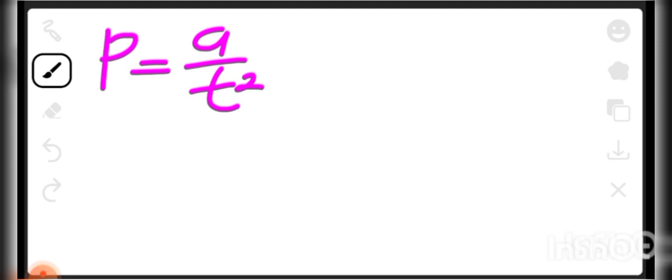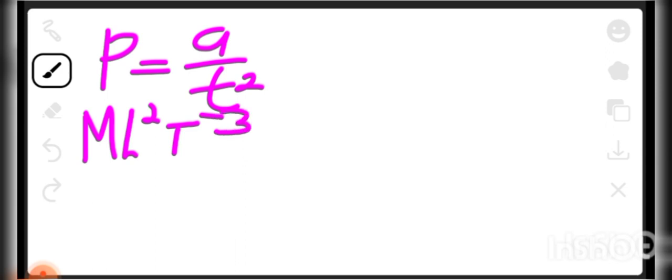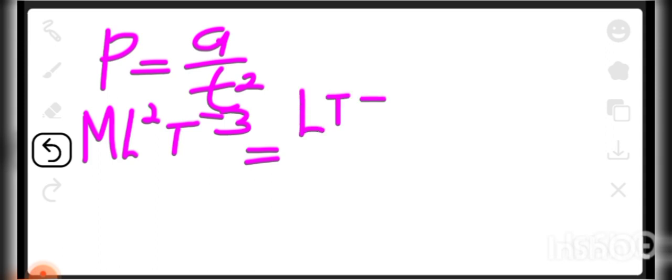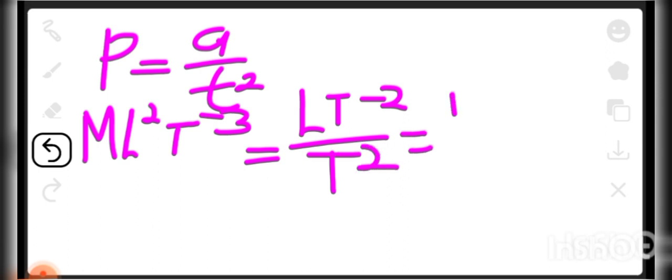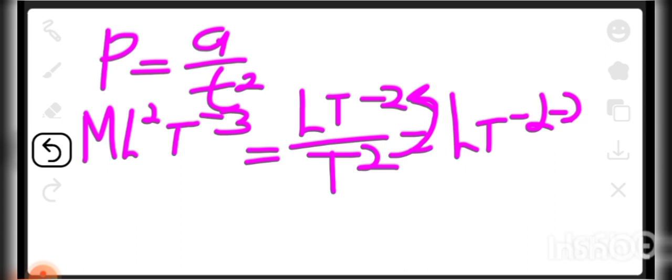Power has a dimension of ML squared T raised to power minus 3. Acceleration has a dimension of, okay, there's no M itself, LT raised to power minus 2. Then T has a dimension of time, that is T squared. So it'll give us LT raised to power minus 2. If this 2 crosses to this side, it will change from plus to minus. We have minus 2 again.